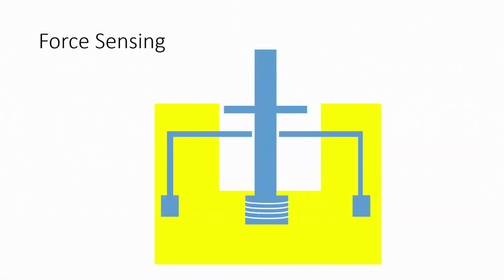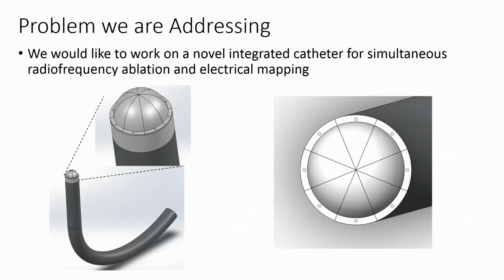Now, our idea is to design a catheter that can perform electrical mapping as well as ablation together. Yesterday we discussed a newer design where the tip will open and a catheter sits within it.